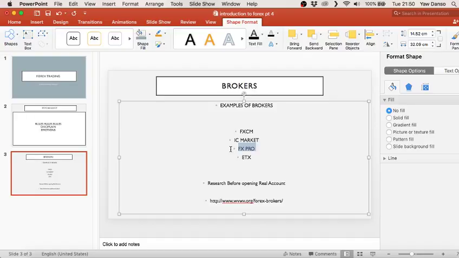But this is going to serve as practice for you to get to understand the whole trading forex thing. So please read this, and then next week we're gonna go to FX Pro and use their demo account.